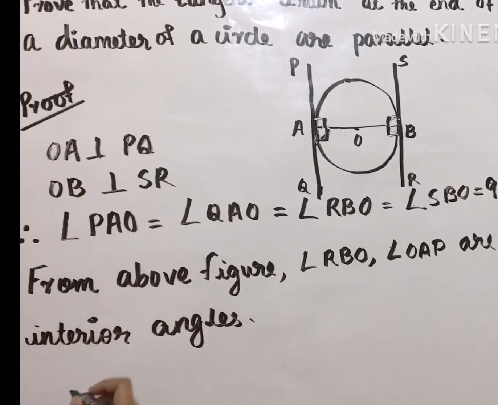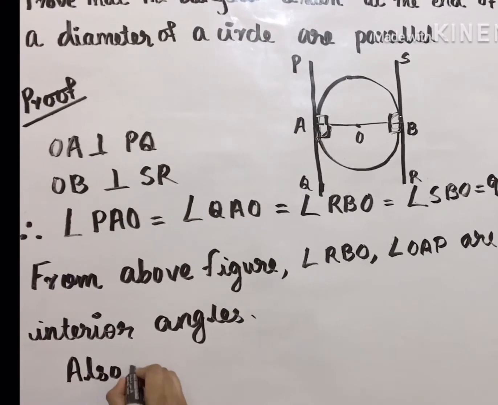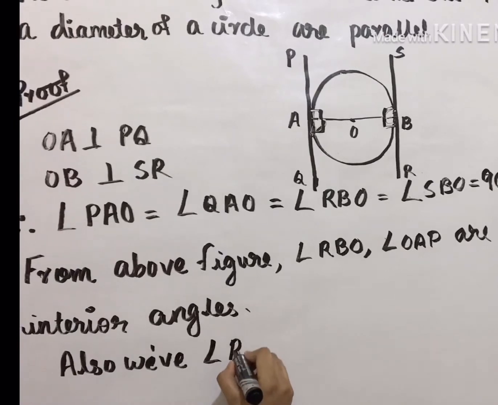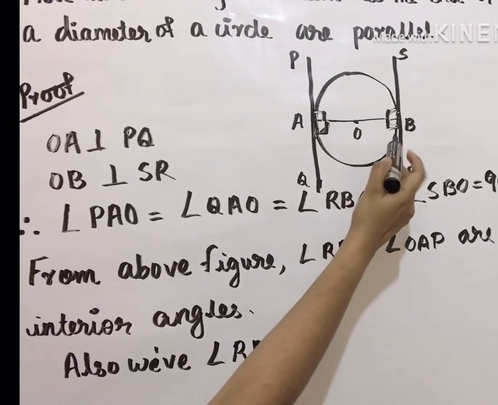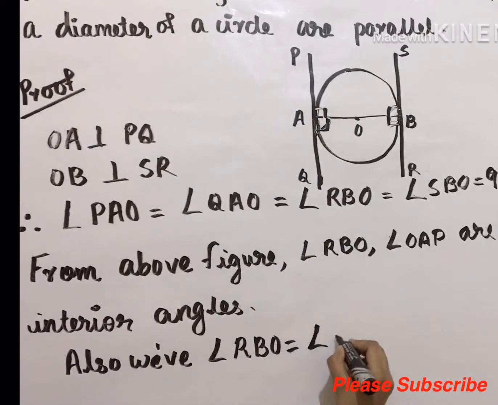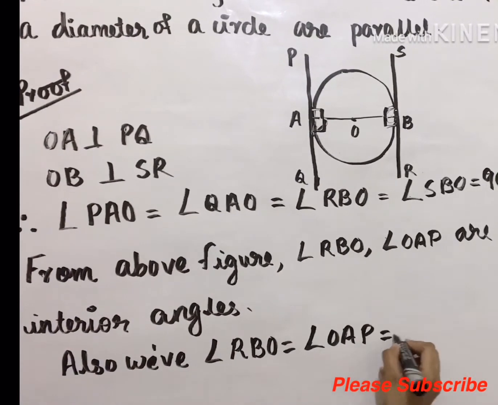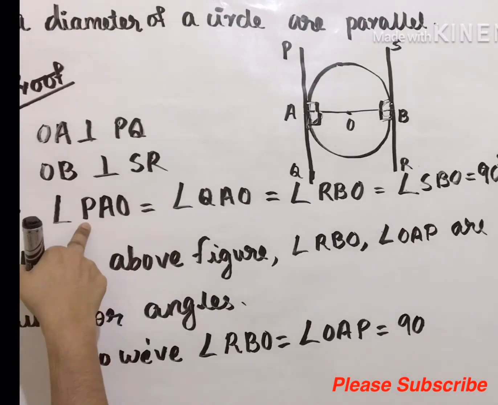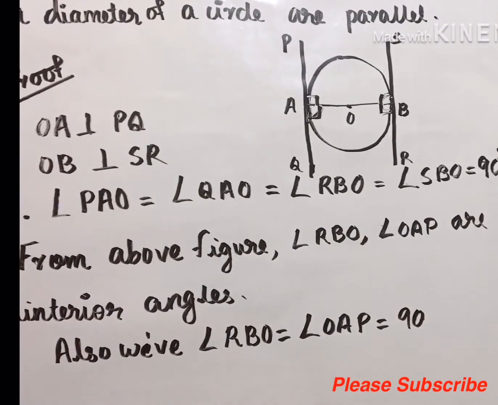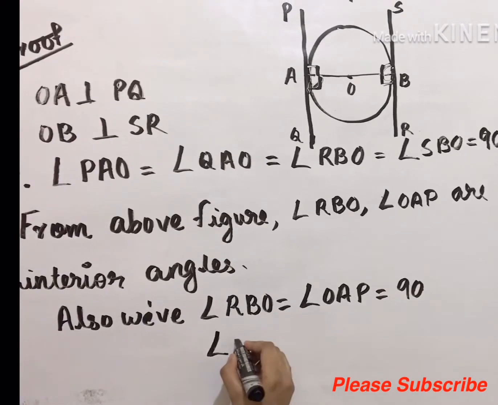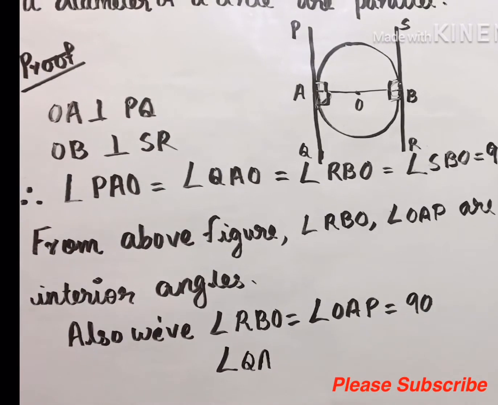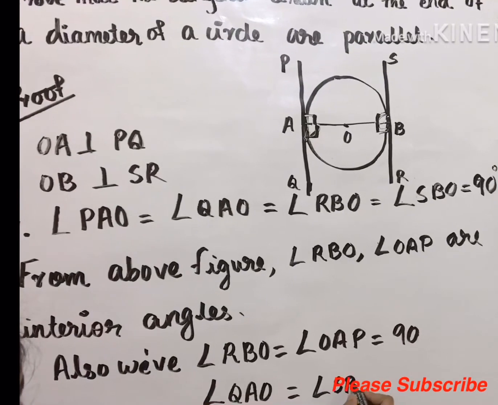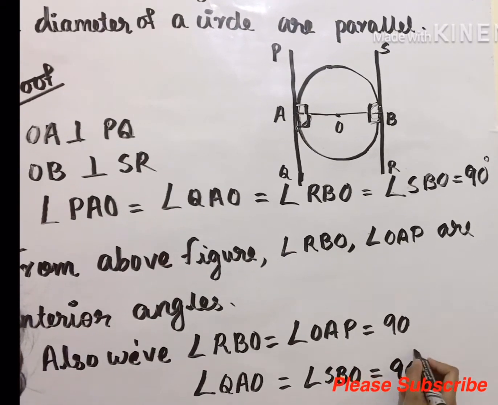Also we have this condition: angle RBO is equal to angle OAP is equal to 90 degrees, and angle QAO is equal to angle SBO is equal to 90 degrees.